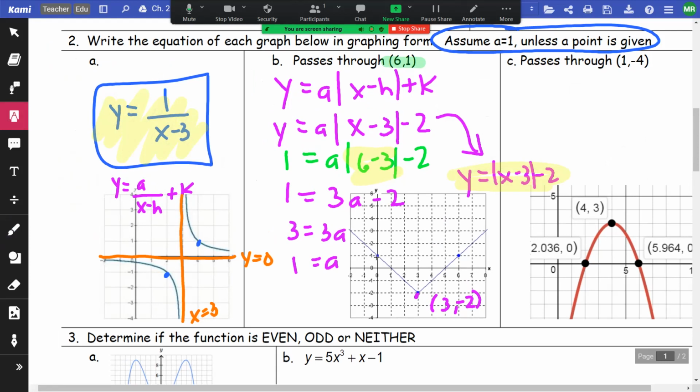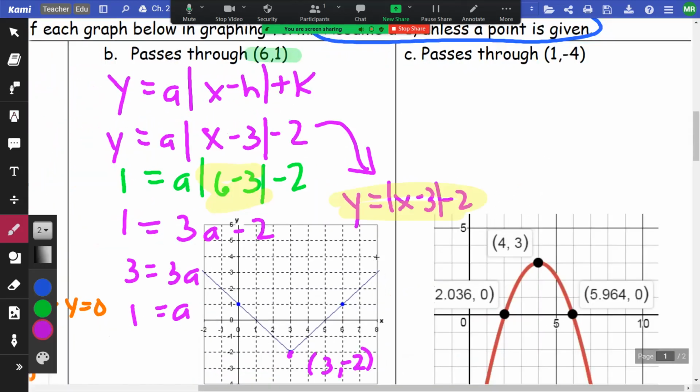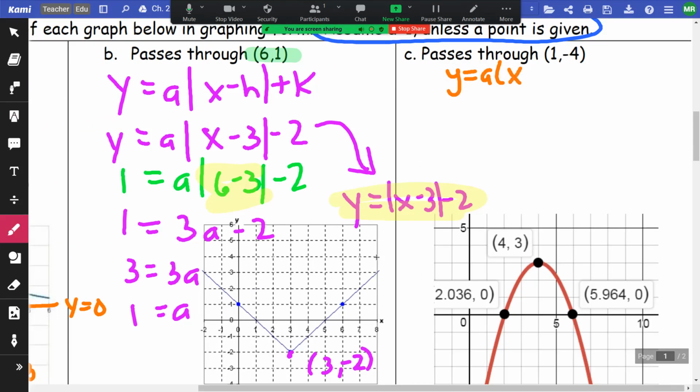Okay, on C. Okay, so C is a parabola. So this is going to be y equals a times the quantity x minus h squared, plus k. So my vertex is at 1, 2, 3, 4, 3.